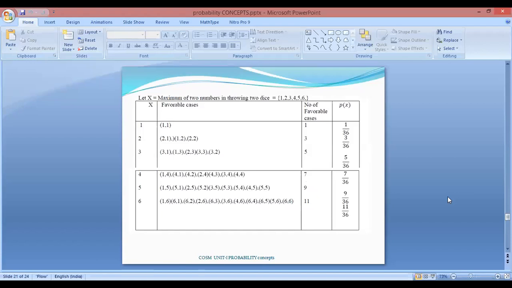So you'll get 1, 2, 3, 4, 5 and 6. We are constructing a table with x, favorable cases, number of favorable cases, and p of x.